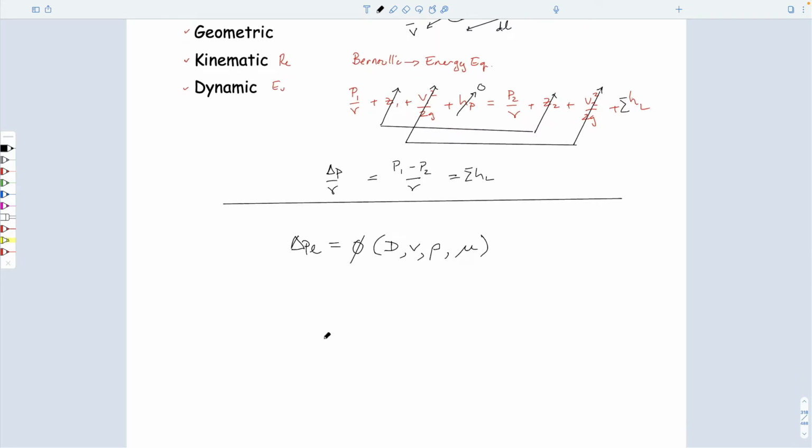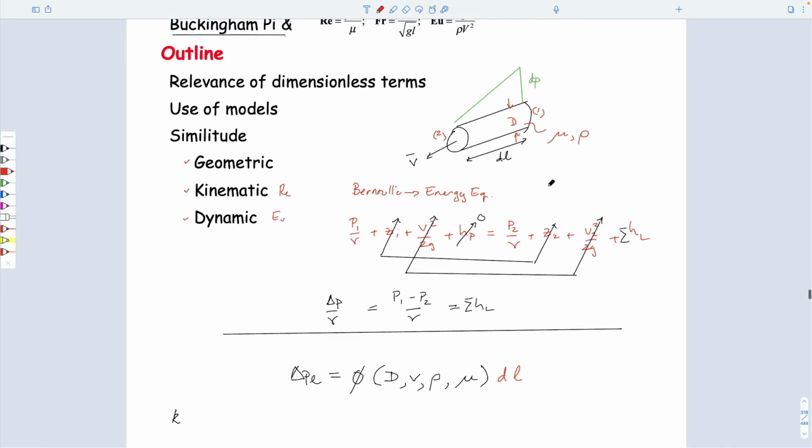And so what we are going to do is we can use Buckingham Pi. So we could also write in, if we wanted to, so these are the parameters: viscosity, density, diameter, velocity, and pressure.